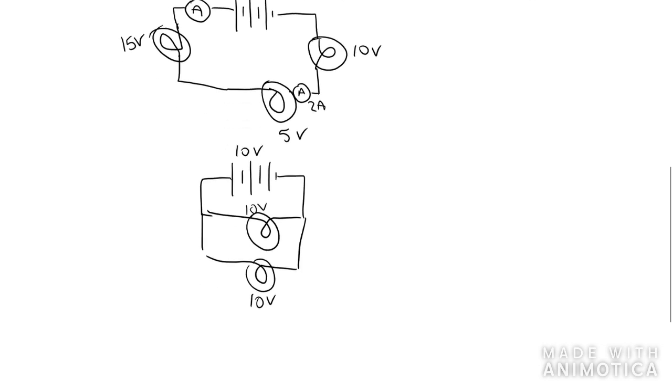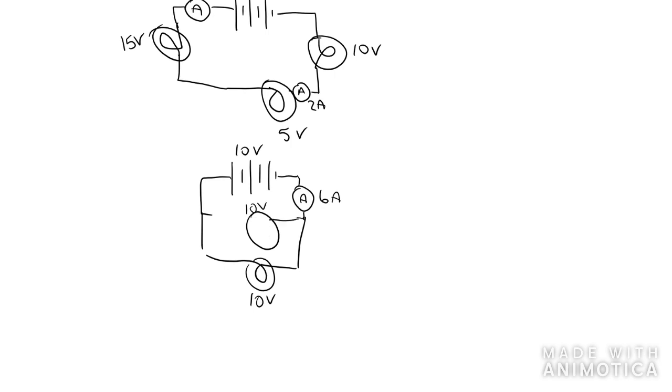But if you did the same thing in parallel, if I measured it out here in, say, what I call the main loop, and this was 6 amps, I could possibly measure it over here and this could be 4 amps.